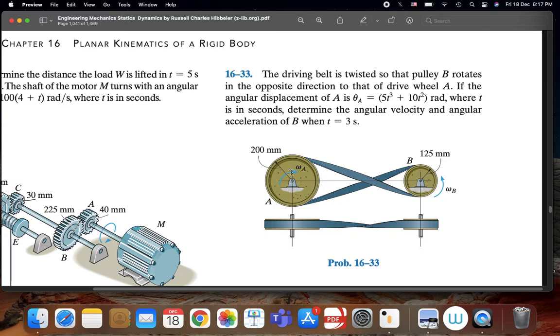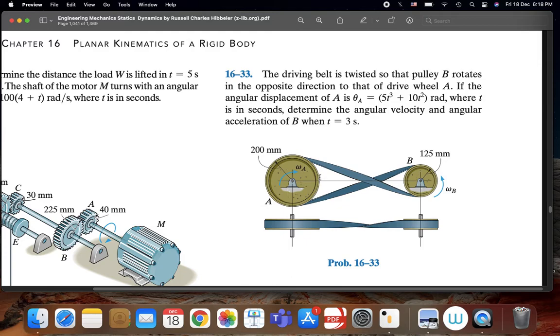Here, the radius of pulley A is 200 millimeters, and pulley B has a radius of 125 millimeters. Because these are attached to each other using a belt, called a non-slip belt, it behaves as if they were two gears meshing at some point.